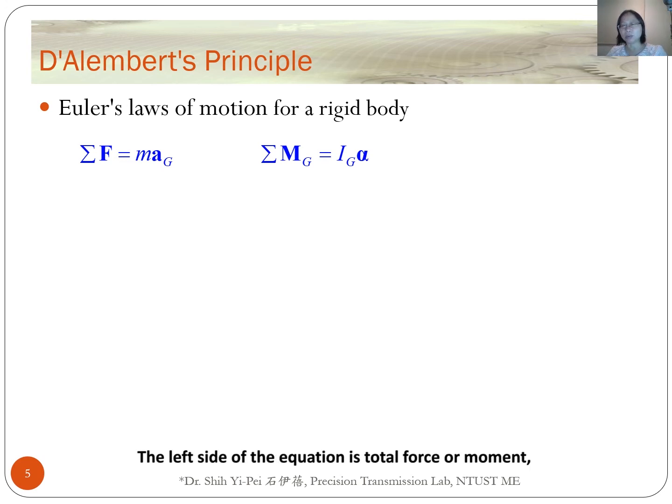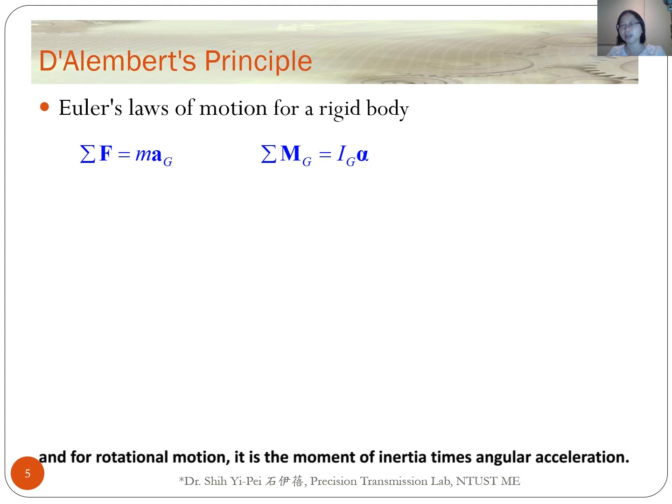laws of motion. The left side of the equation is the total force or moment, and the right side is the kinetic reaction. For translational motion, the kinetic reaction is the mass times acceleration of the body.